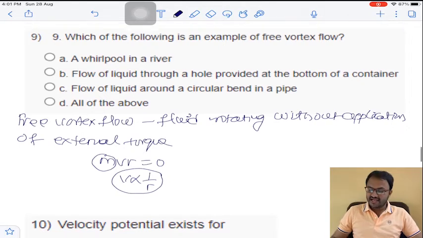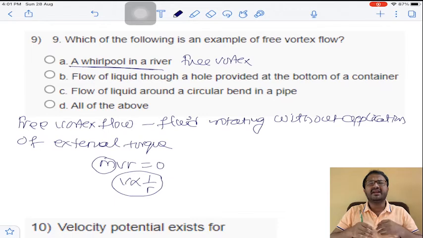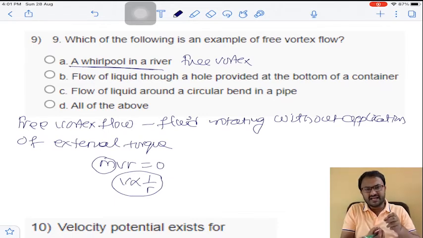And he has given a whirlpool that is formed in a river. We are not applying any external torque to form a whirlpool, so it is also called free vortex flow. And flow of liquid through a hole provided at the bottom of a container. We have not provided any external torque, but we just placed one hole at the bottom.